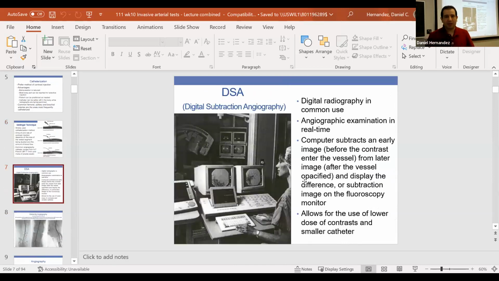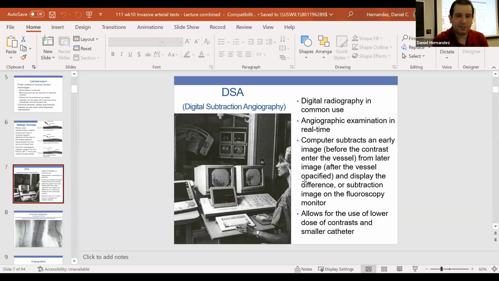All right, so angiography. The main form of angiography is referred to as digital subtraction angiography. With this, it allows the doctors and the technicians to have real-time imaging for our vessels, because the computer subtracts the image before from the current image, and creates almost like a cine loop, and allows us to image and perform our examinations in real time.